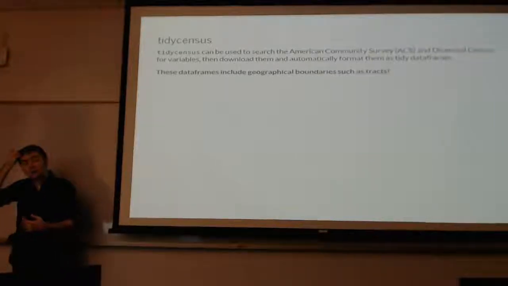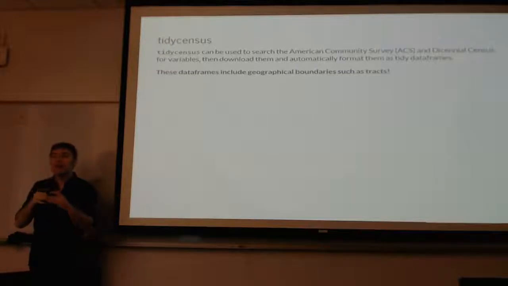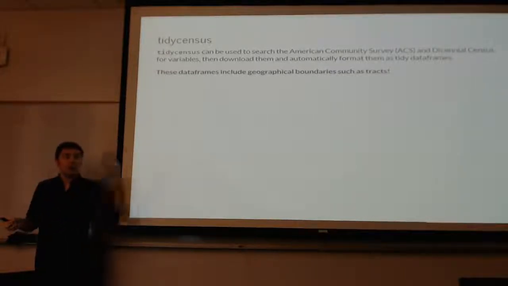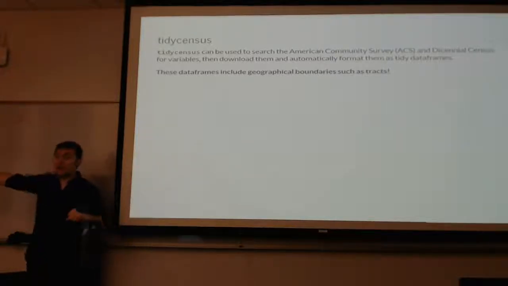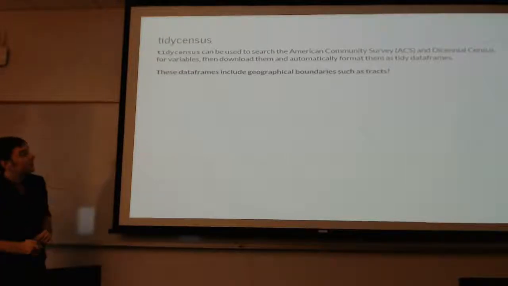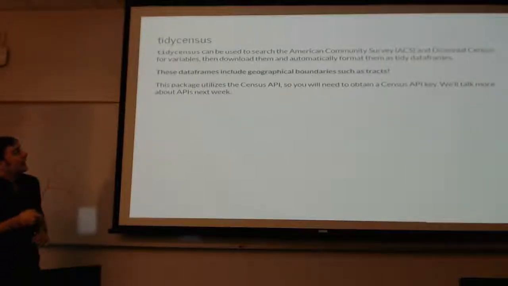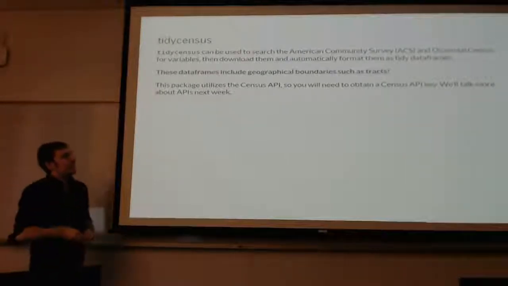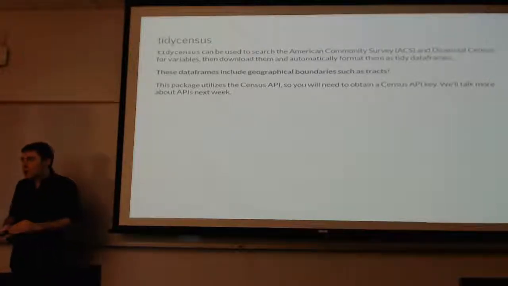If you ask it for census tract level data, it will also return census tract boundaries that can be plotted. So everything in one place. You don't have to link your geospatial data up to your census data and merge them together. It all comes in one data frame. And it utilizes the Census API, which means you're talking right to the Census Bureau.